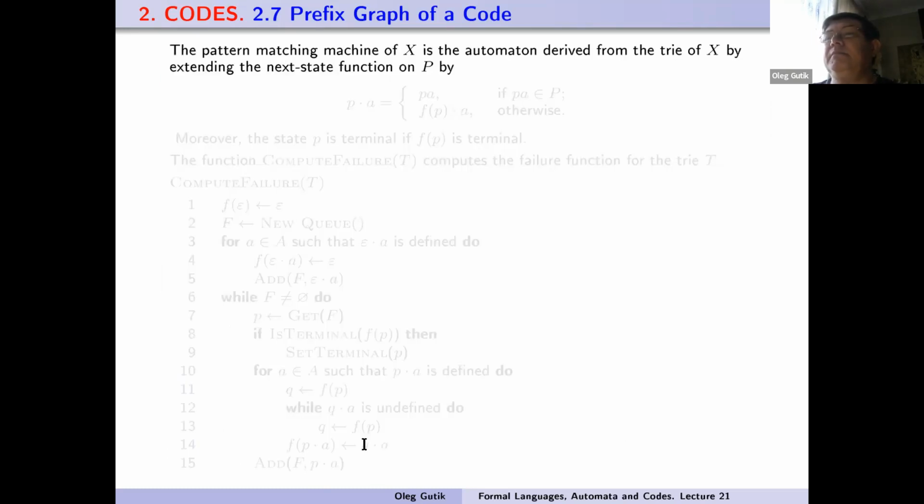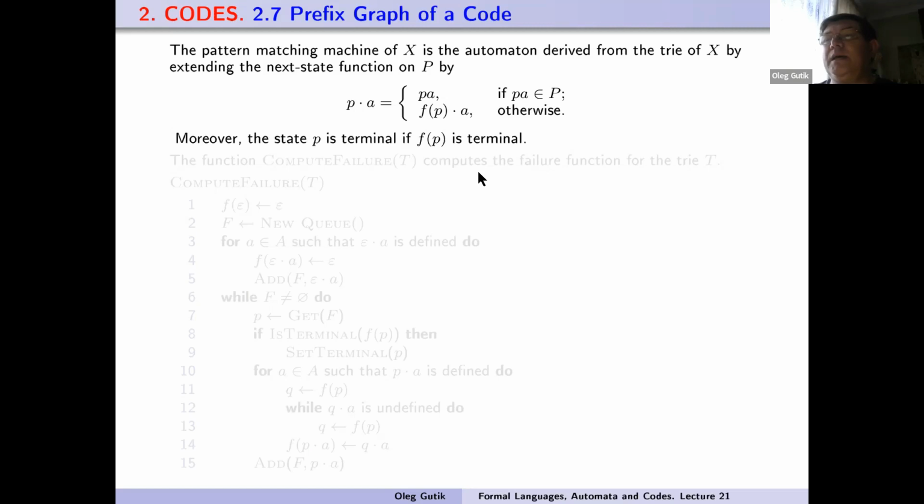The pattern matching machine of the set X is the automaton derived from the trie of the set X by extending the next state function on the set P by the formula: p·a is equal to pa if pa belongs to P, and otherwise f of p·a.